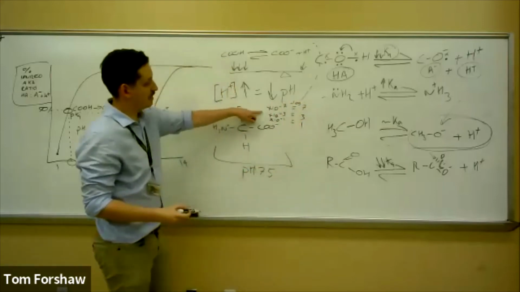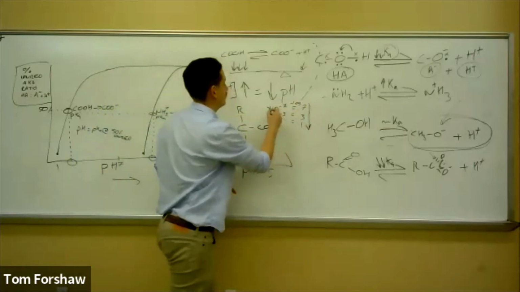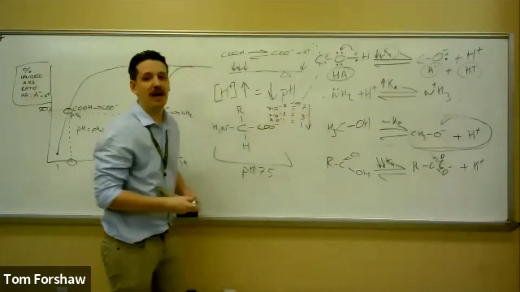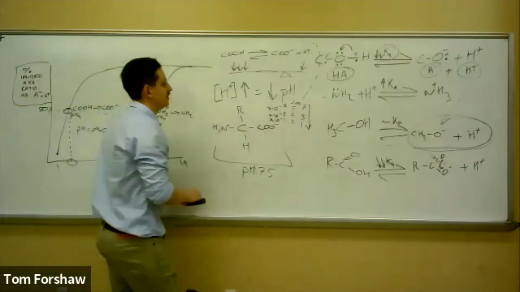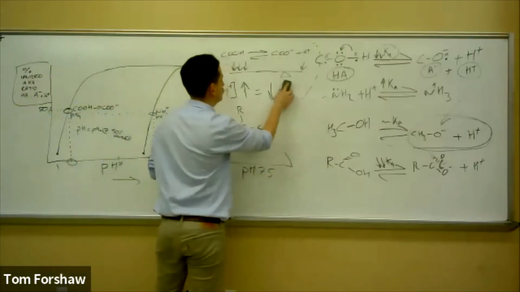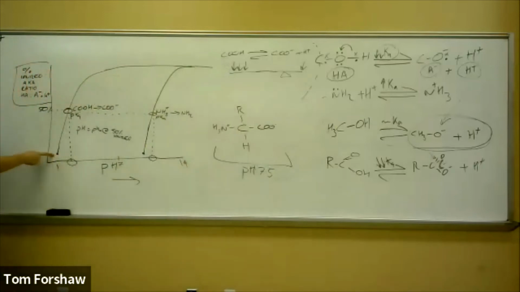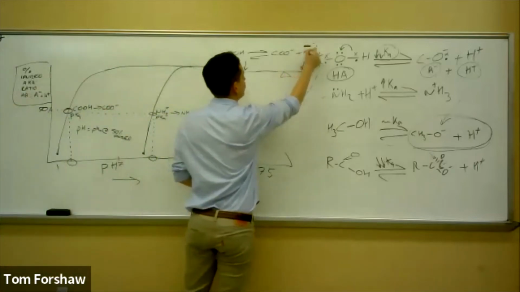You see that these numbers are actually going up in concentration, whereas these numbers are going down in amount. So a lower pH means more hydrogen ions. Now, if we have a low pH like we do right here, we've got a ton of, we've got more of this.